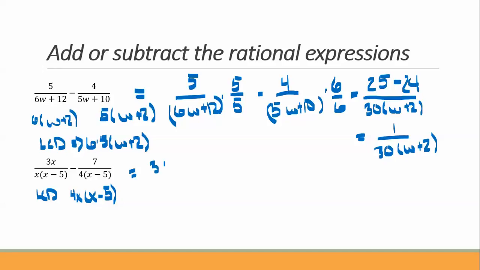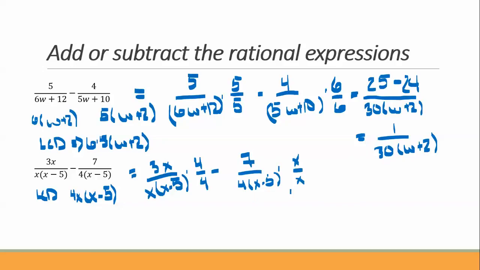So 3x over x times x minus 5. We're missing a 4 in the denominator, so we're going to multiply by 4 over 4. Minus 7 over 4 times x minus 5. Here we're missing an x, so we're going to multiply by x over x.